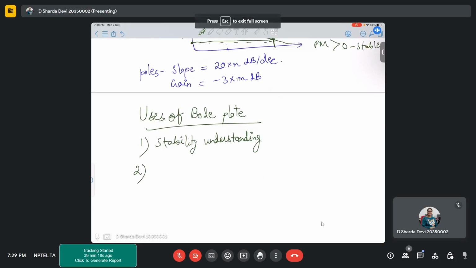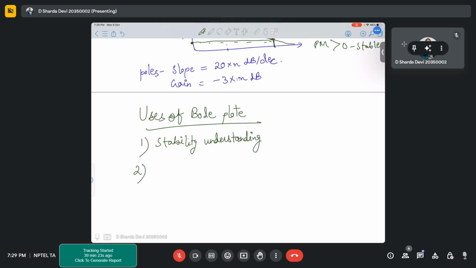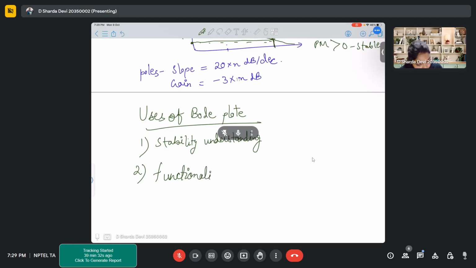And the second use, which is the major use of Bode plot, is functionality determination, to determine the functionality of your circuit.